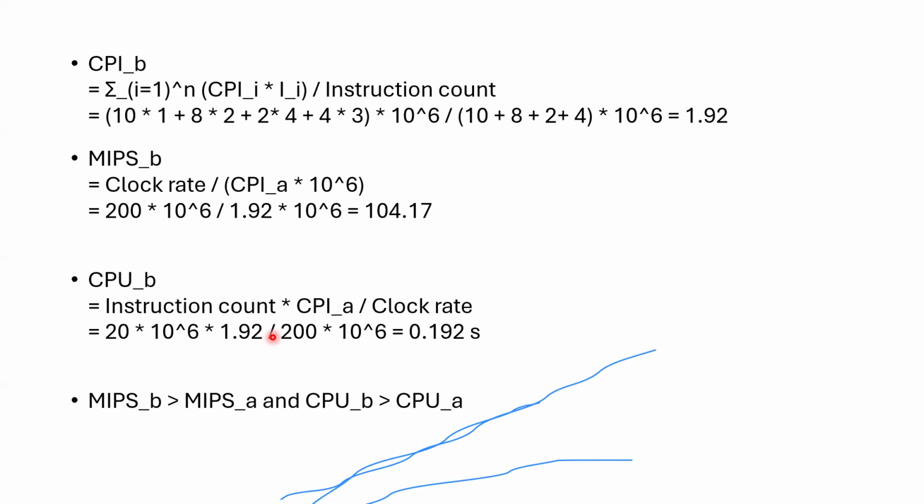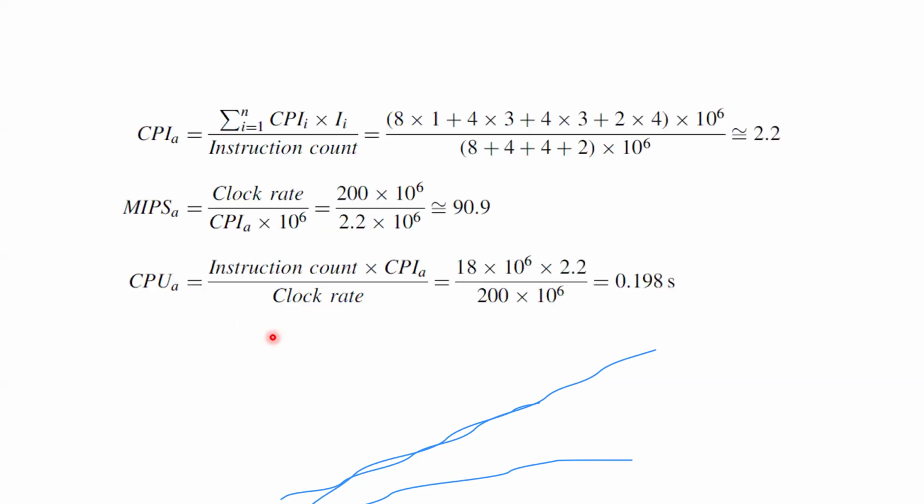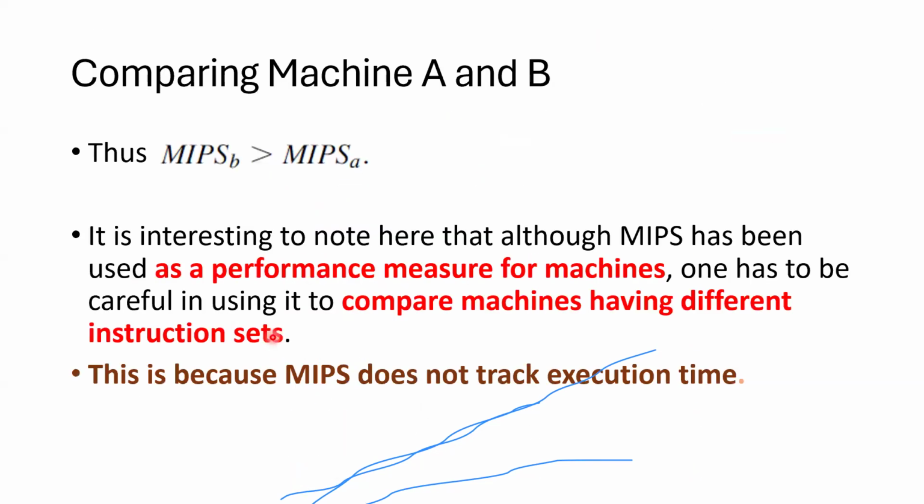It may not always tally. Okay. That is why all of these metrics are taken into consideration. You can see in the slide at various points, they tell you that as a performance measure, it is interesting to note that MIPS has been used for machines.